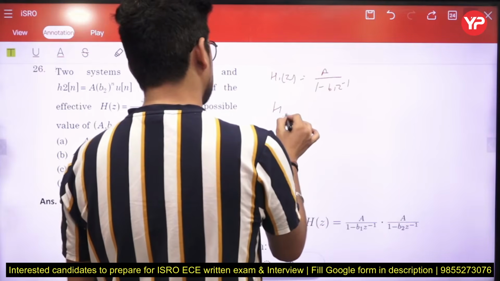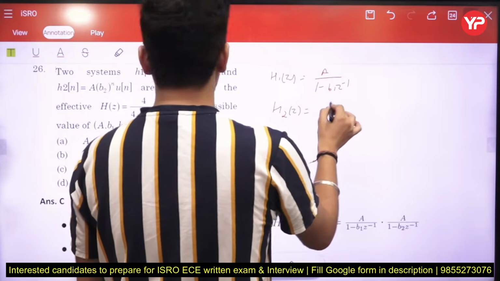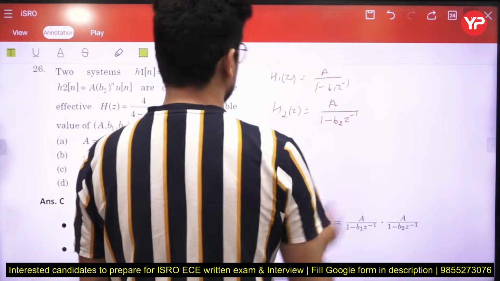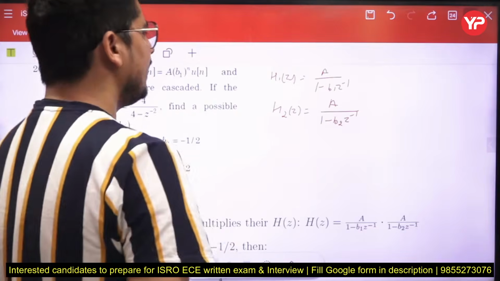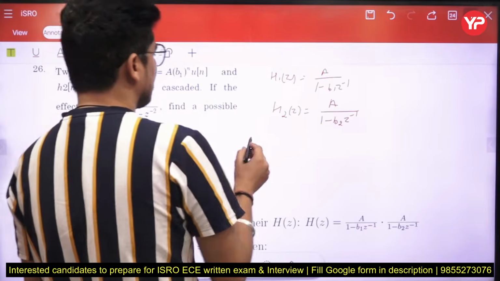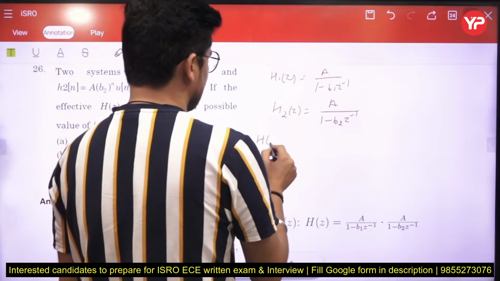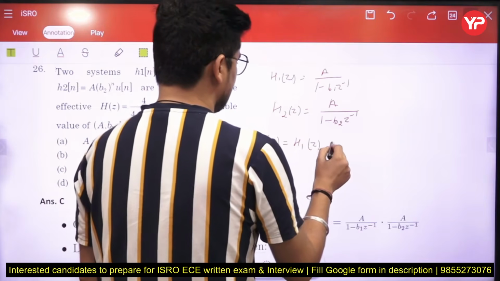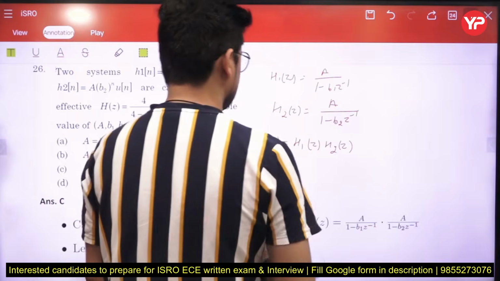Similarly H2Z is also A upon 1 minus B2 Z inverse, right? When you multiply these two, because they are connected in cascade, the overall transfer function HZ will be H1Z into H2Z, right?